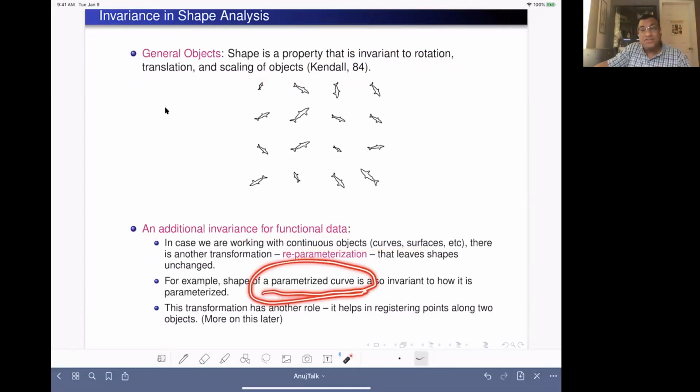If we reparameterize the curve, it still has the same shape. So there is yet another shape preserving transformation. By working with continuous objects, which is the choice we made earlier, we not only have to worry about rotation, translation, scaling, we also have to worry about parameterizations of objects. Okay?